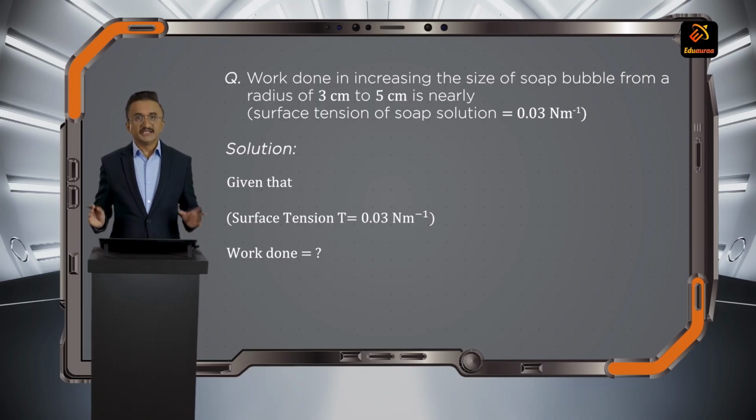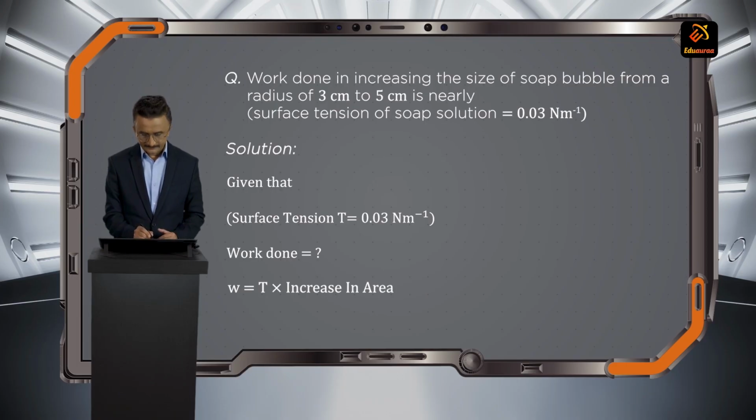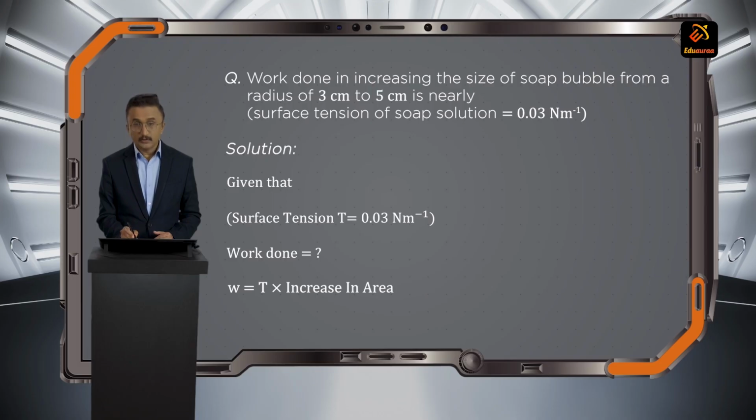Okay. What is the formula of work done? Work done is equal to surface tension into increase in area. So work is equal to T into 4 pi (R2 square minus R1 square).